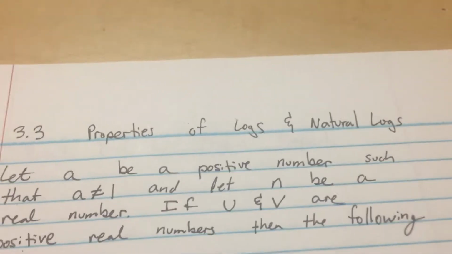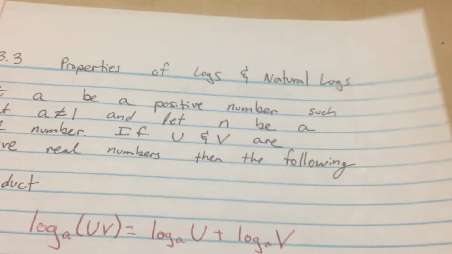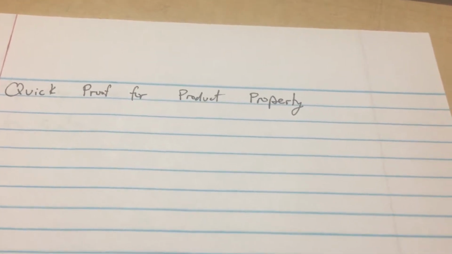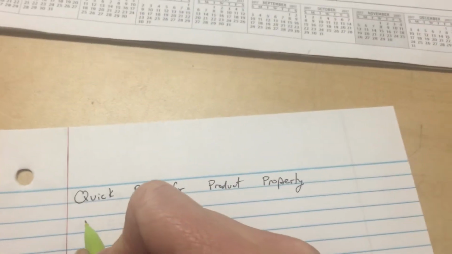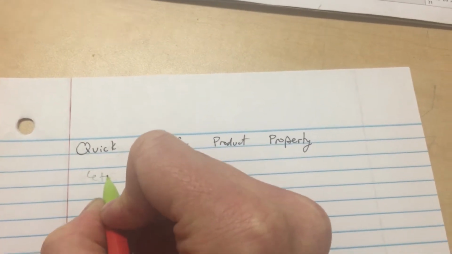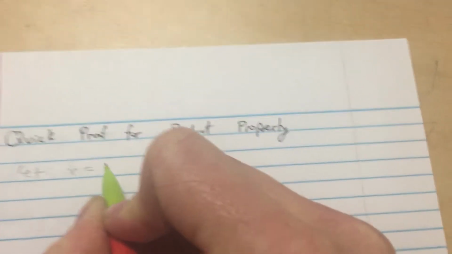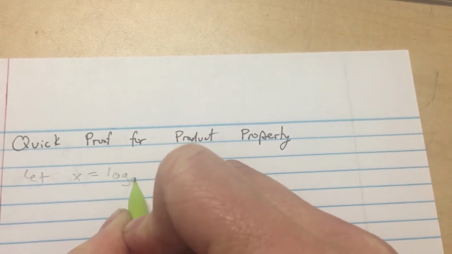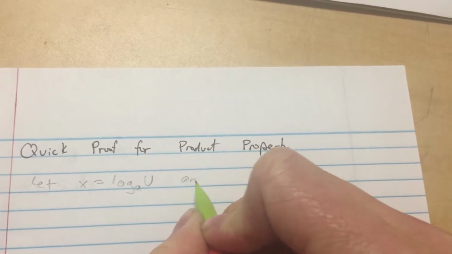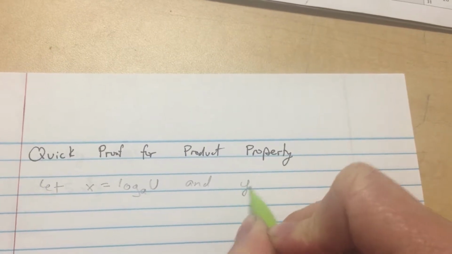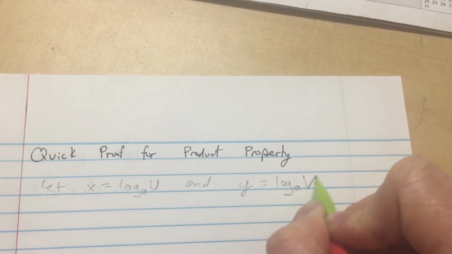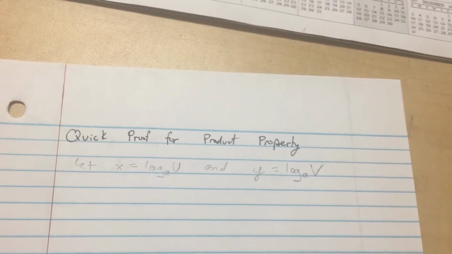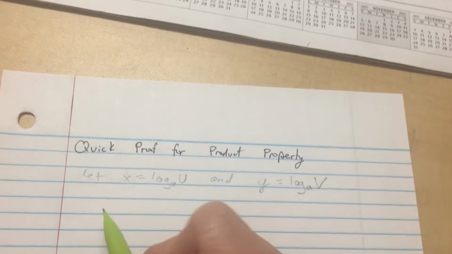Okay, so what I want to do is I want to show you a quick little proof of why the product property works, right? So what I'm going to say is this. I'm going to let X equal log A of U, and I'm going to let Y equal log A of V. So if I write that, I can change my form.